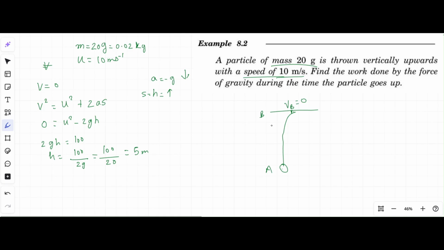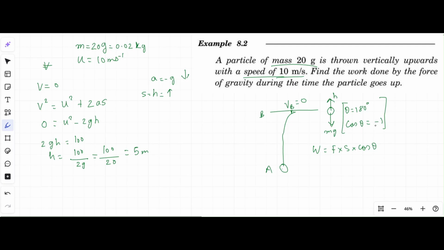So work done by gravity, what will be the work done by gravity? The ball is here, the gravity is acting downwards, and the ball is moving upwards. So it is in the opposite direction, which means theta equals 180 degrees, which means cos theta is equal to minus 1. This is mg, force is acting downwards, and the ball is moving upwards. We know that work is equal to force into distance into cos theta, Fs cos theta.